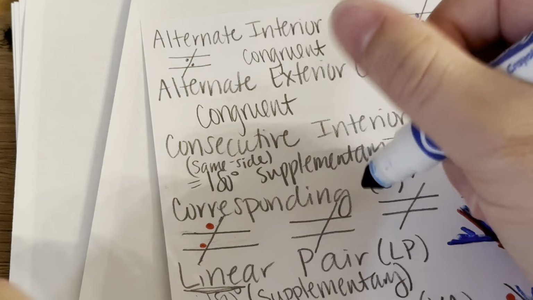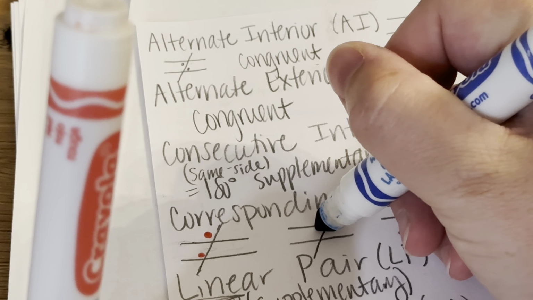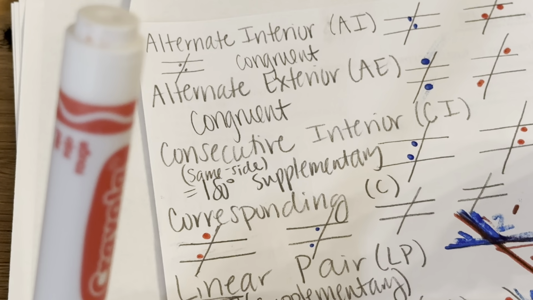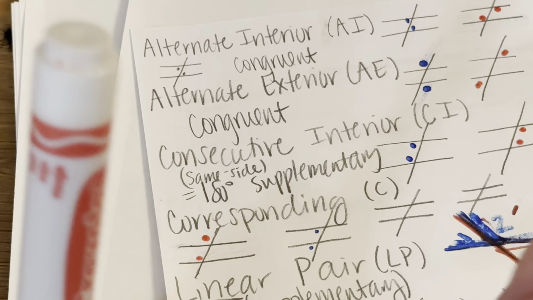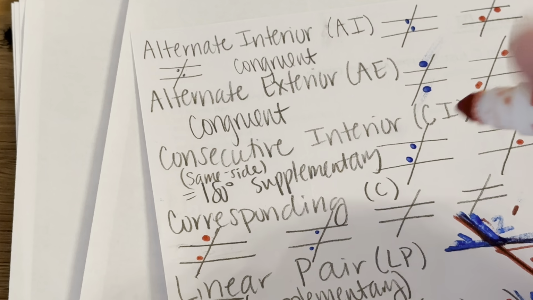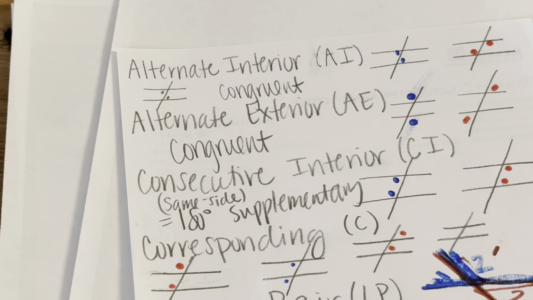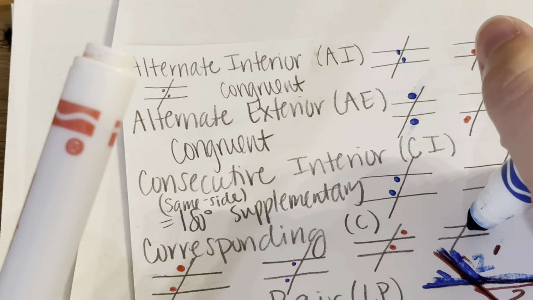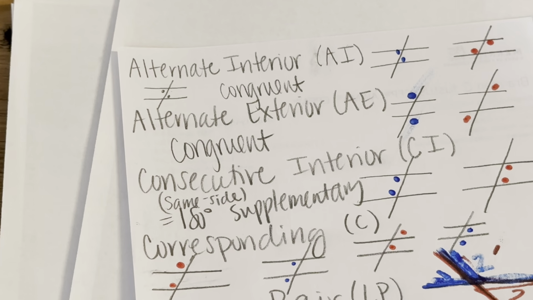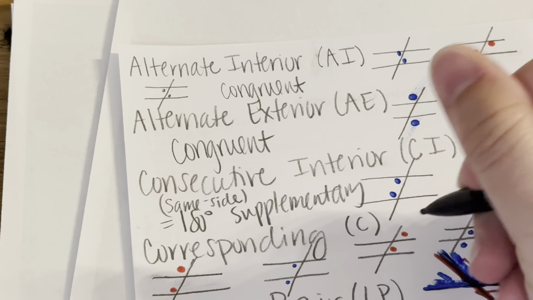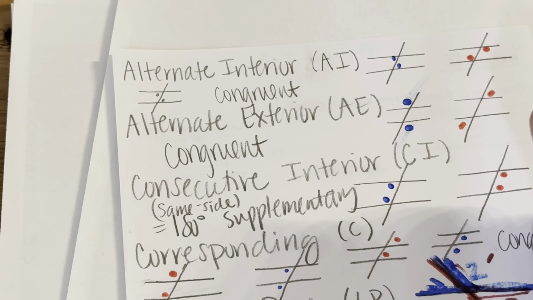So then another corresponding angle, I could pick the bottom left and the bottom left. It's just pushed down a little bit. And then I could do the top right and the top right there. And then the bottom right and the bottom right there. And corresponding angles are always, well, if your lines are parallel, they are congruent.